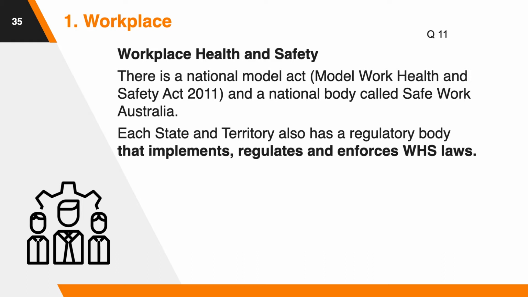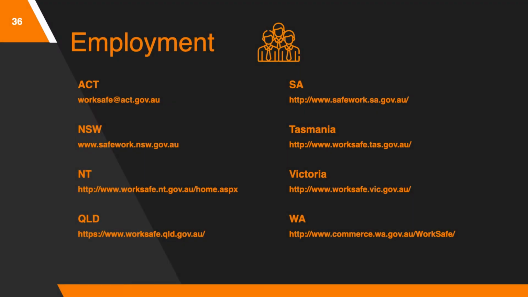And that will help you with question 11, which says, what is the national framework for workplace health and safety? And then secondly, what is the state and territory framework for workplace health and safety, or how do they manage workplace health and safety? And you can see the different state bodies here.